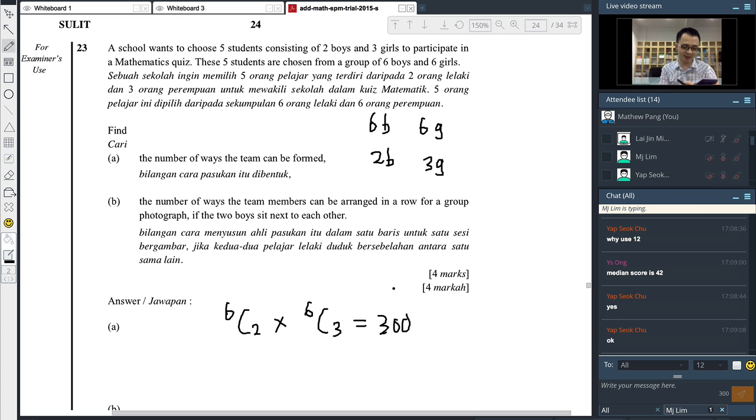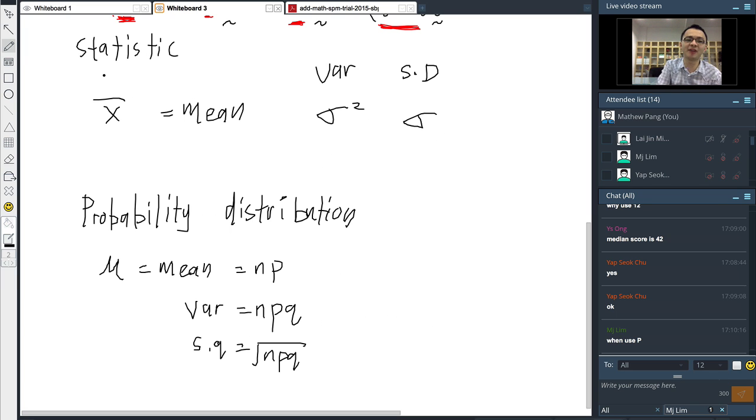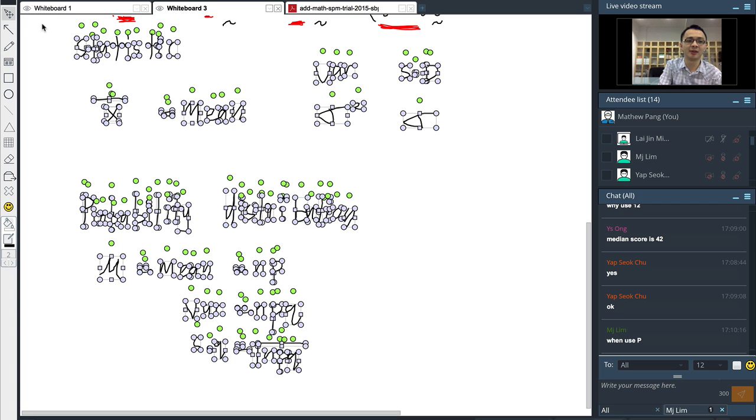Let's try 6C2 times 6C3. Yep, the answer is 300. For P, most of the time if you use P, it is for permutation.